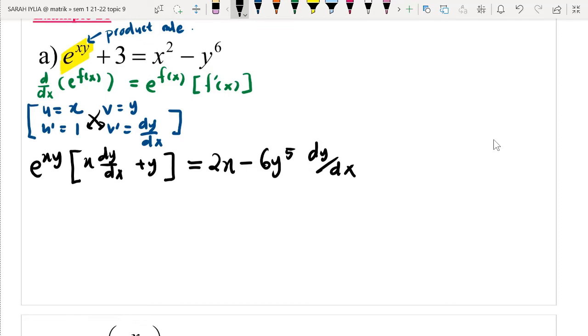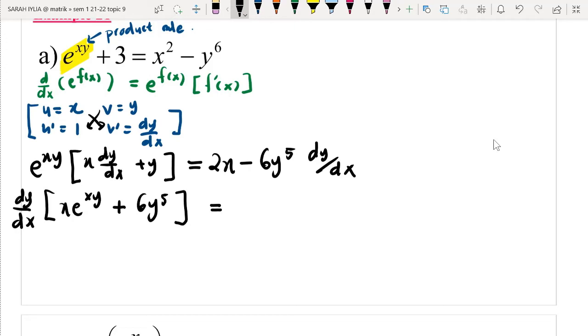Next, seperti biasa, in order to make dy dx as our main term, we have to separate the variable. Depends on the category. So, if we have dy over dx, I collect it on our left side. Now, we have x e to the power of xy plus 6y to the power of 5. Without variable dy dx, I collect it on our right side.